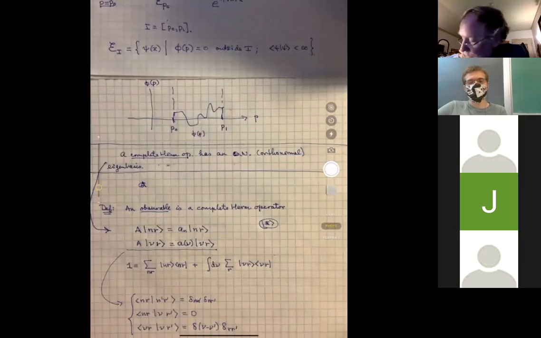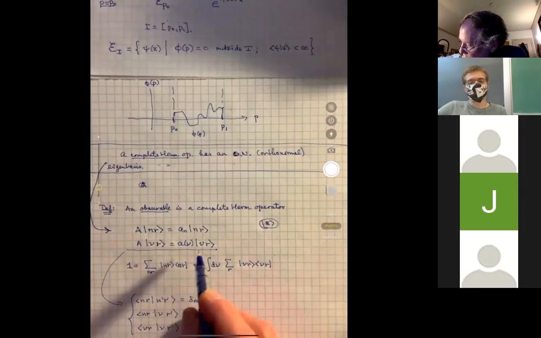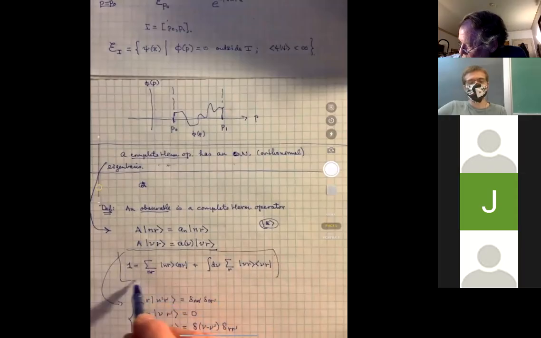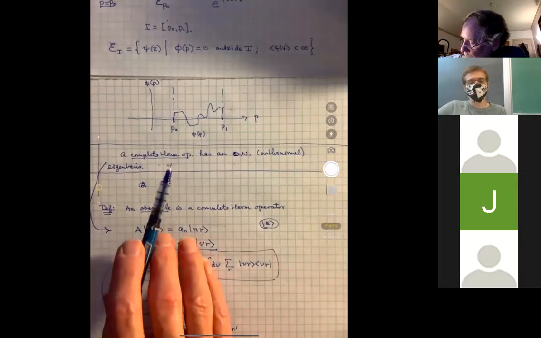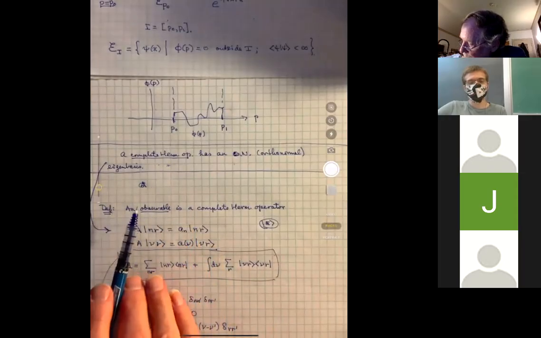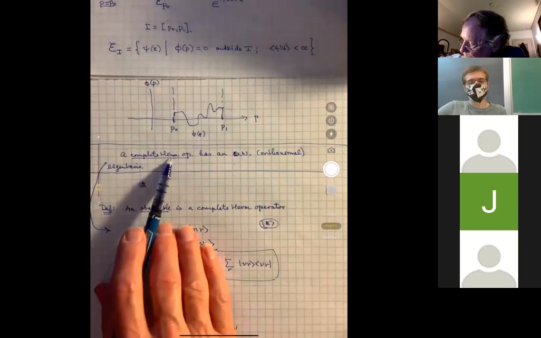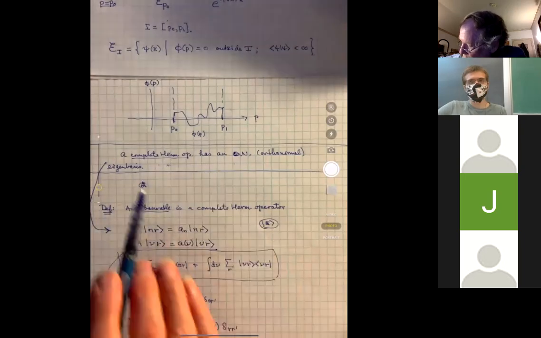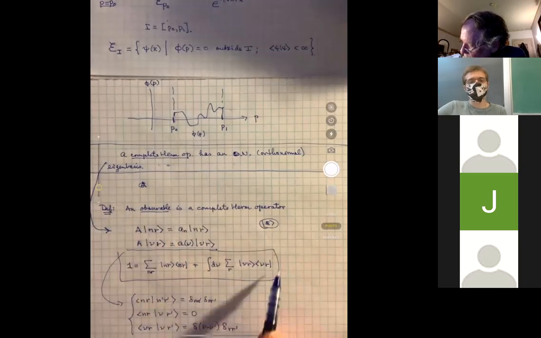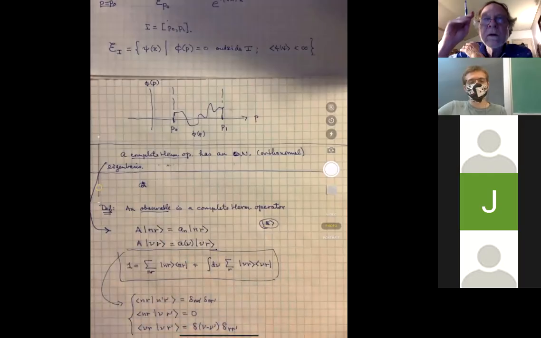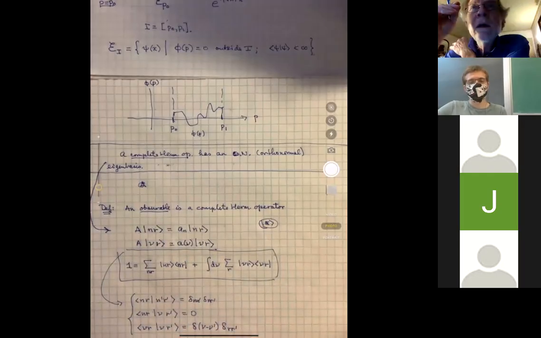In any case, for discrete notation, this is what we have, and this is the resolution of the identity. So the content of the theorem, that an observable possesses an orthonormal eigenbasis, is contained in this boxed equation right here. That's kind of a big theorem, which I don't prove, but I just illustrate by some examples.